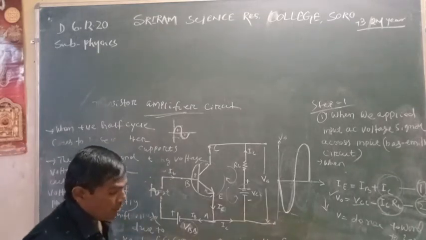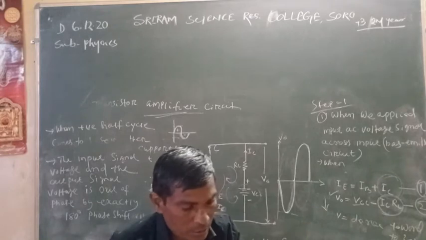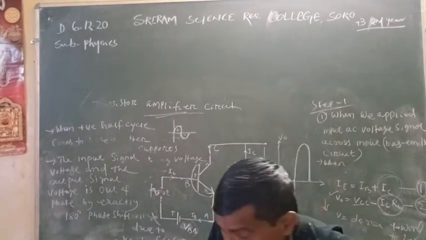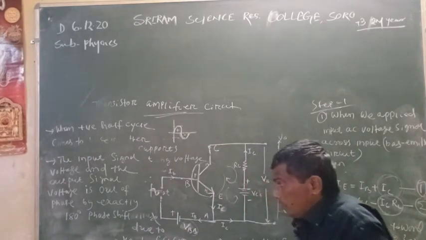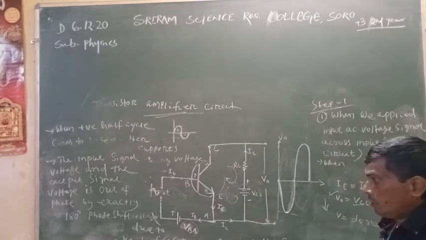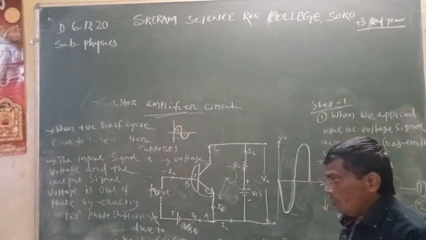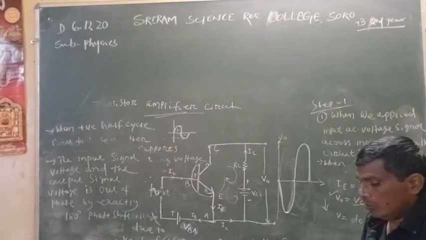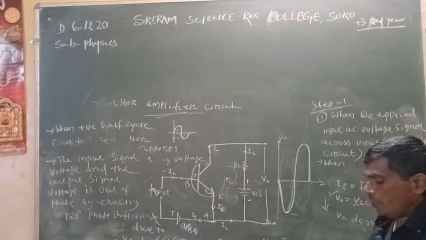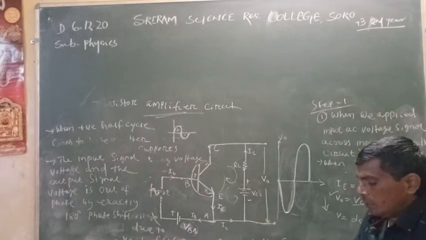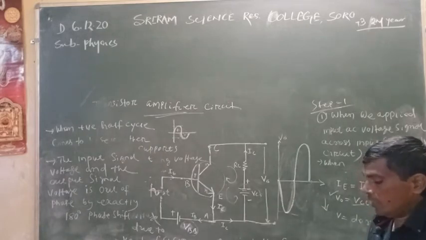This is the important point: the input signal voltage and output signal voltage are out of phase by exactly 180 degrees. This is the transistor amplifier using an NPN transistor.